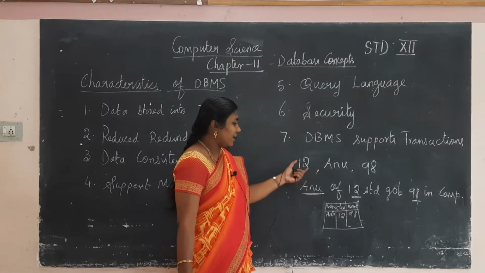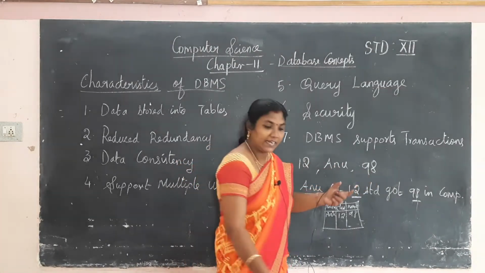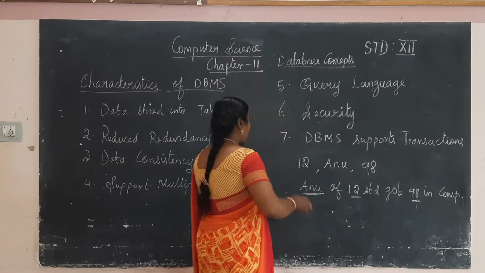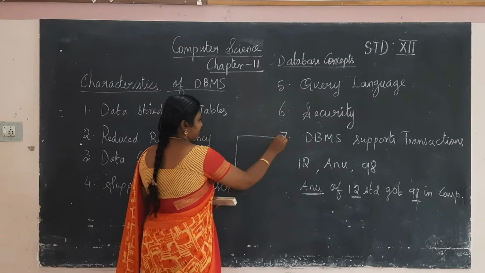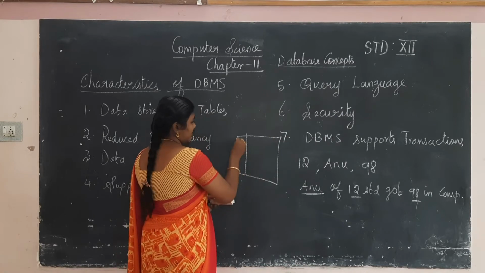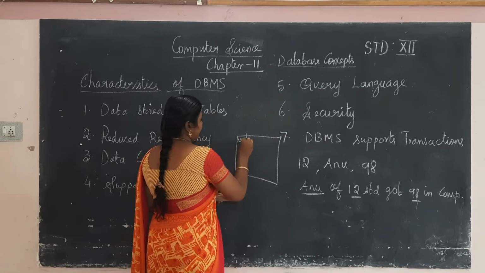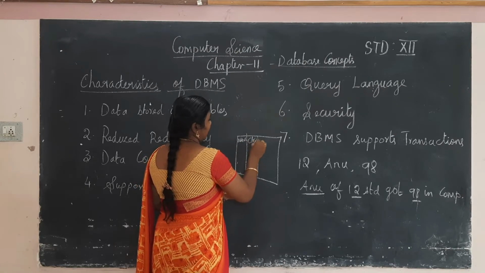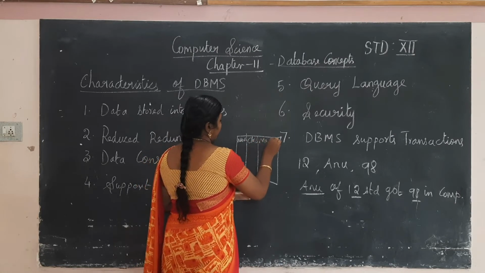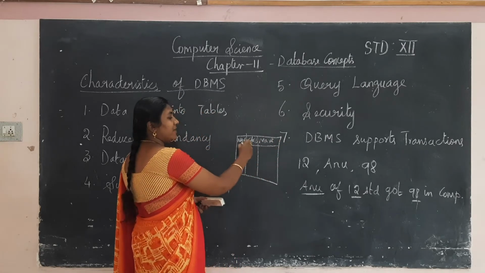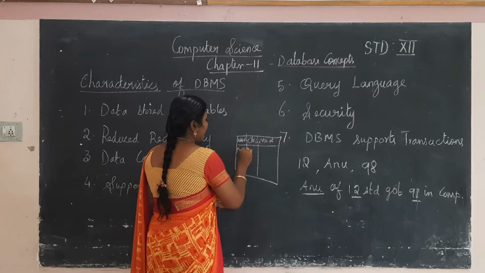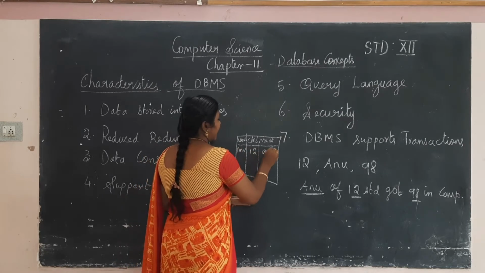The same data, 12, Anu and 98, can be represented in a table like this. So I form a table with name, class and mark. Here name is Anu, class is 12 and mark is 98.